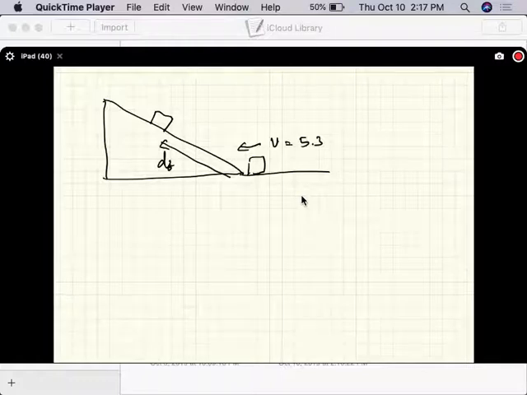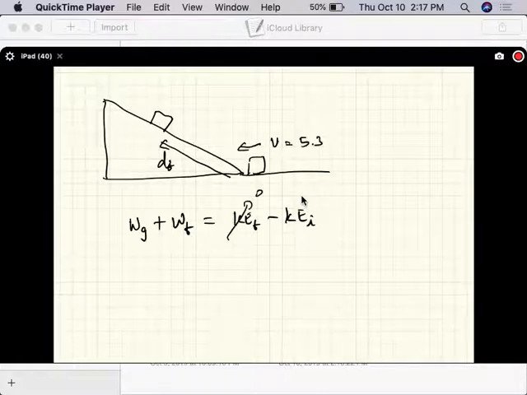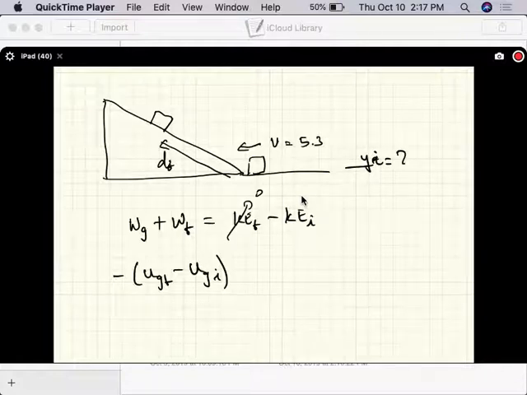The work done by gravity plus work done by friction force should equal my final kinetic energy minus initial kinetic energy. We know the initial kinetic energy, and final kinetic energy is 0. Work done by gravity is minus Ug final minus Ug initial. Y initial is 0. Y final is what we are trying to find. Work done by the friction force is Fk d final.